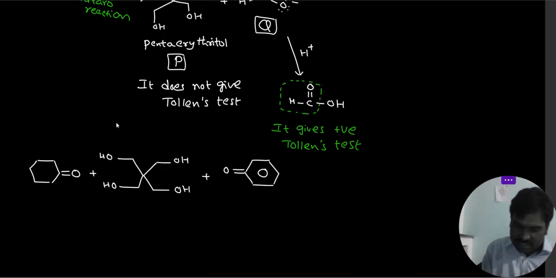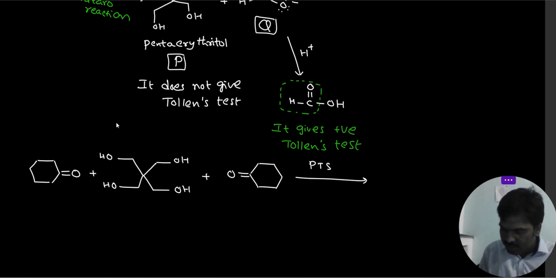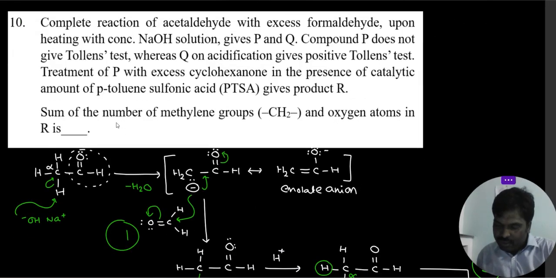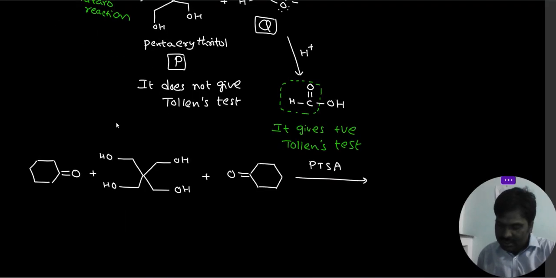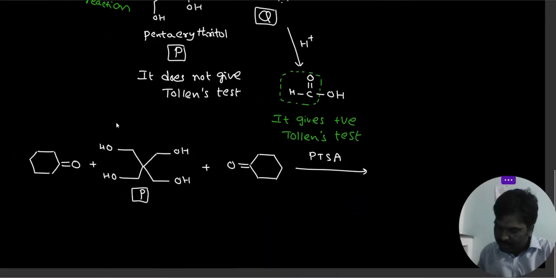Understood? Now, para-toluene sulfonic acid, which is the catalytic amount of acid. Now, it gives compound R. Is it right? Gives compound R.